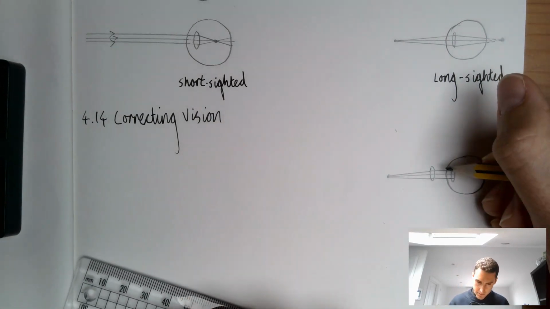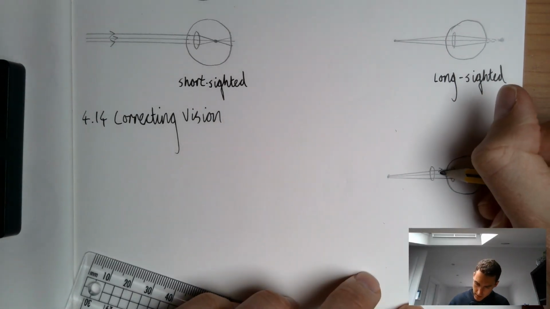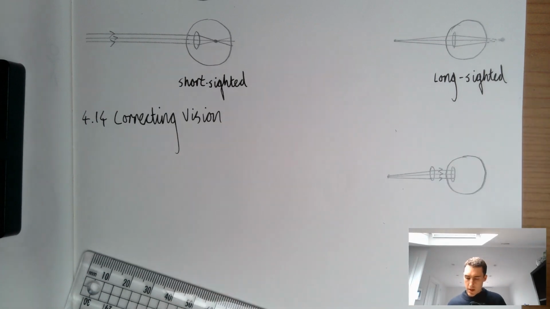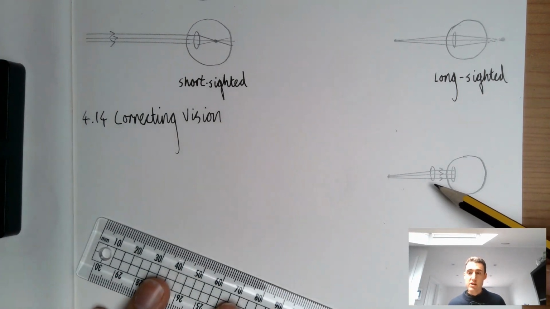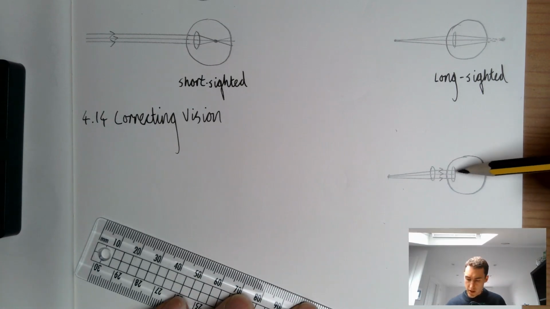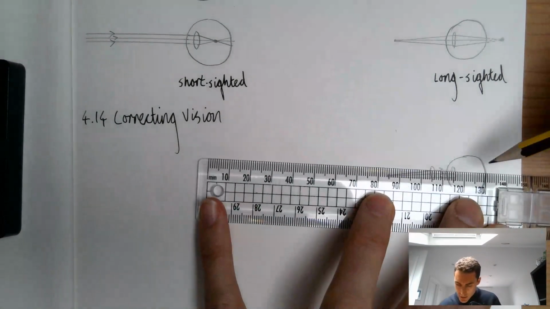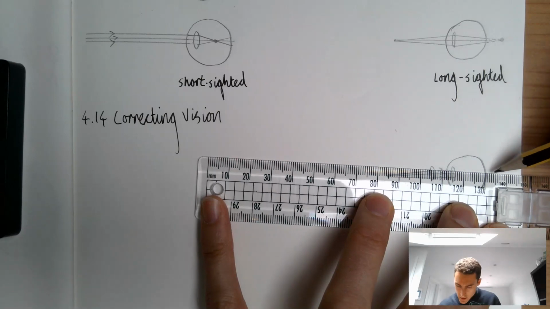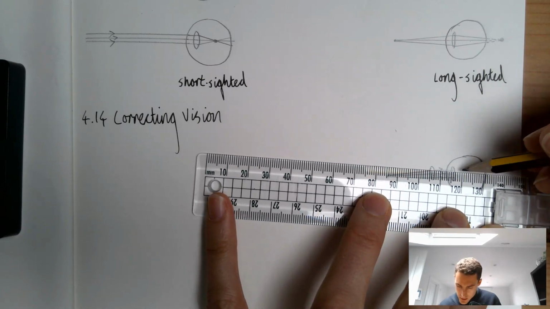So this is the light coming in now, like this. And because this convex lens that you've put in front of the eye has already done a bit of the refraction, well now your eye's lens can do the rest.